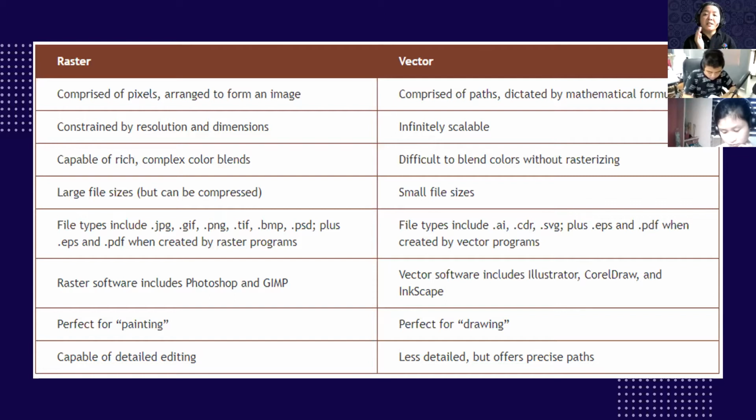Okay? But there is a term called raster effect. Because maybe you'll come back and tell me, Miss Katz, I saw line art that has a gradient. I said, solid color only. Di ba? You can come back with that, and it's true. Okay? So, you can have a mix of paths.